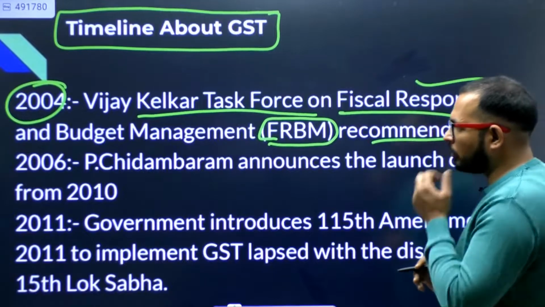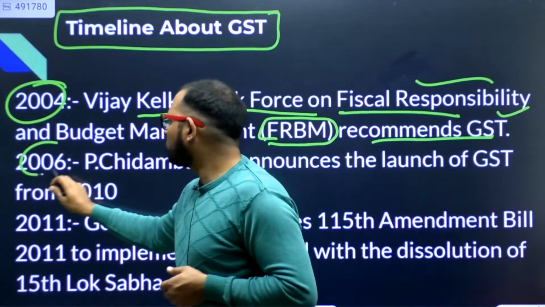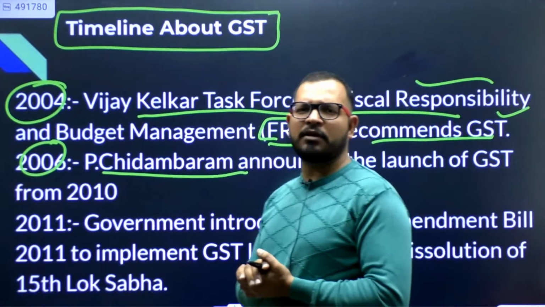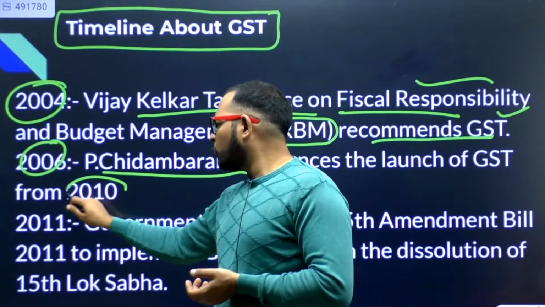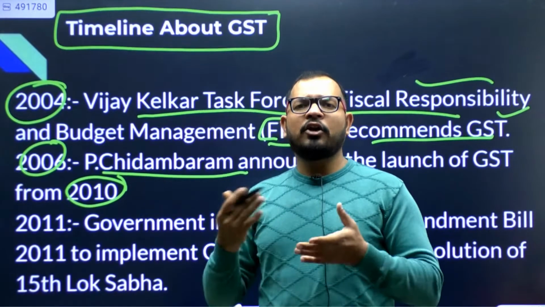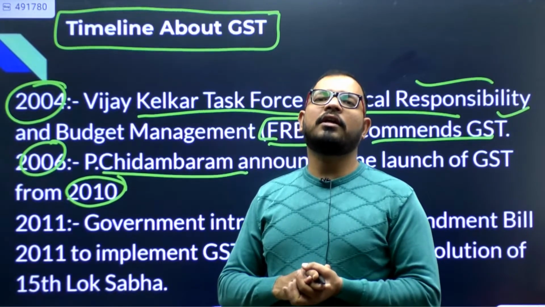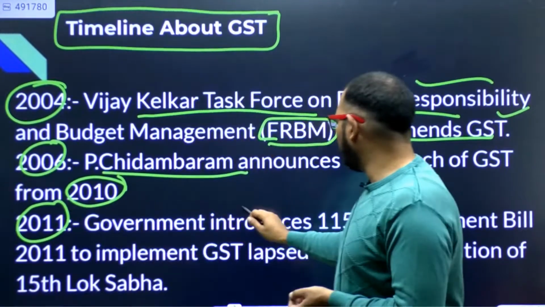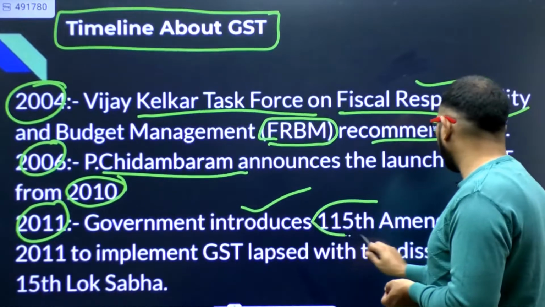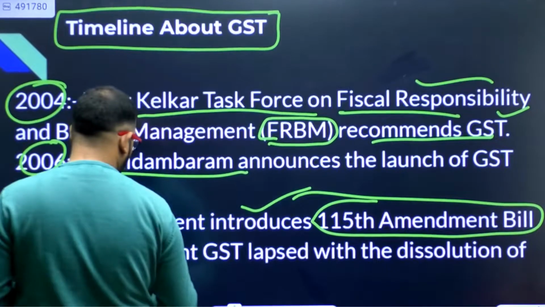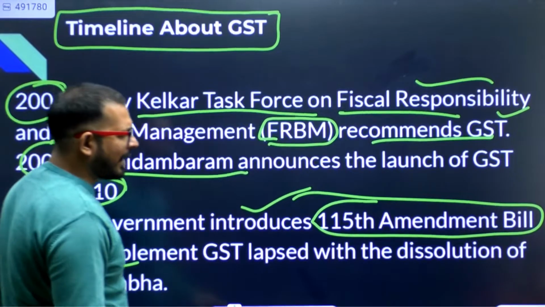In 2006, P. Chidambaram in his budget speech said that from 2010 we will be introducing the GST in the indirect tax structure. In 2011, the government introduced the 115th amendment bill to implement GST, but it lapsed.